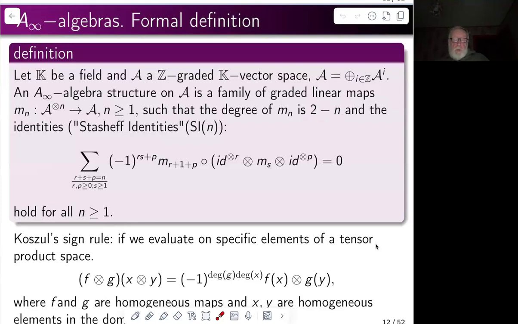I just want to remind that it is Z-graded, not only positive. If you have only positive, then you should reverse this condition.